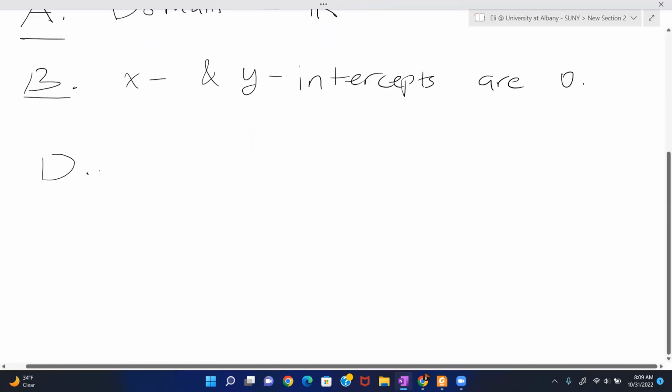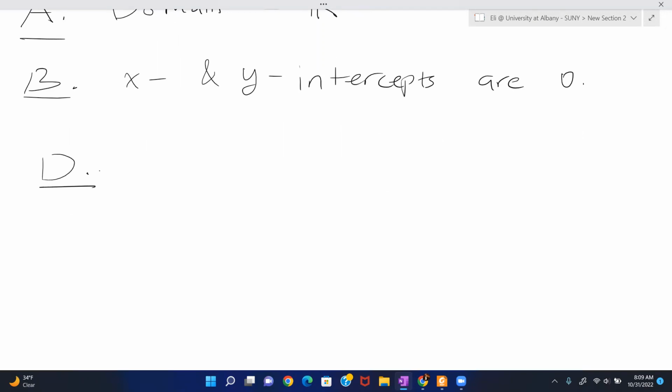Going back to the point about the domain, we don't have any denominators in this function, so there's no chance of division by 0. And that's precisely, or at least usually, where you get a vertical asymptote. Because we don't have any chance of division by 0, there are no vertical asymptotes.